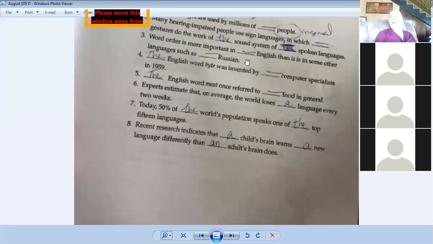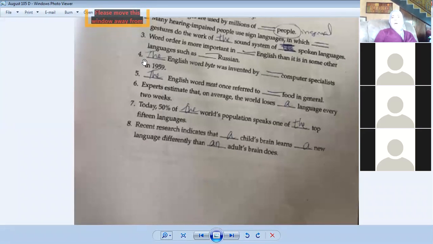I don't say the before languages, okay? Or a or an, okay? So before a language, we put nothing as an article, all right? Then it is in some other languages, such as Russian. Again, this is a language. So languages, we have nothing before them in terms of articles. Articles means adawat al-ta'rif, the, a, an, or nothing, all right?